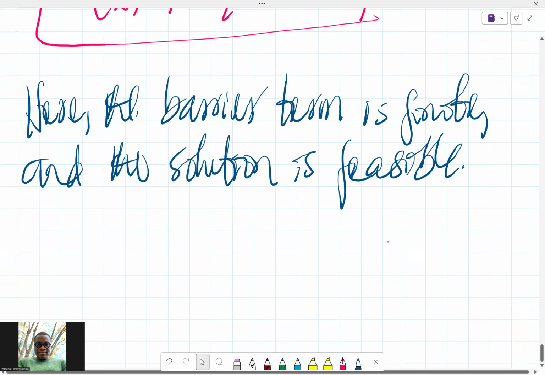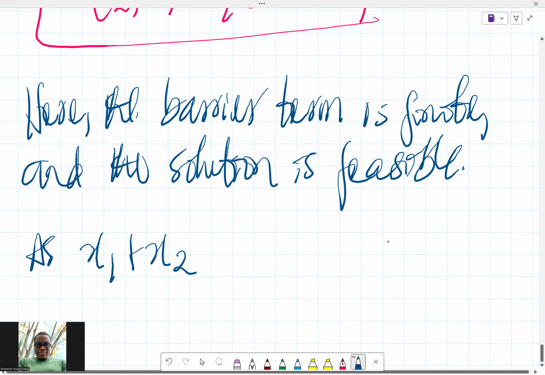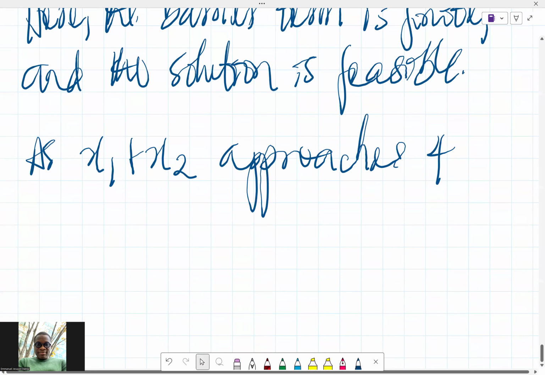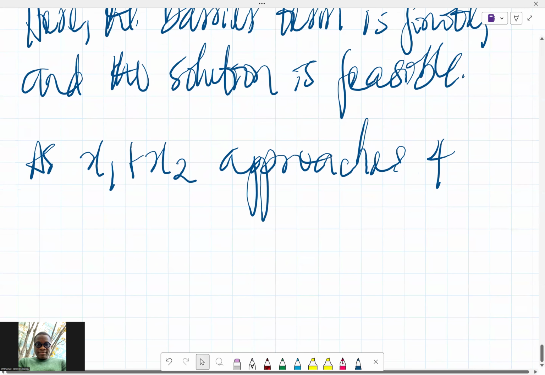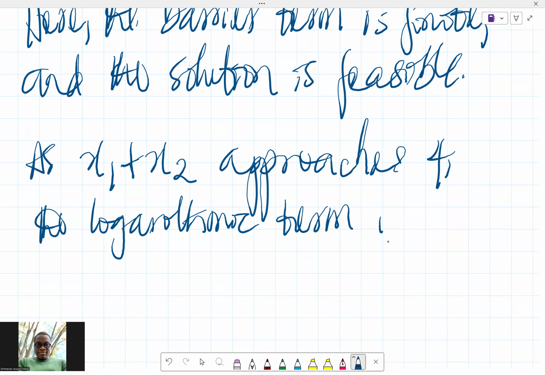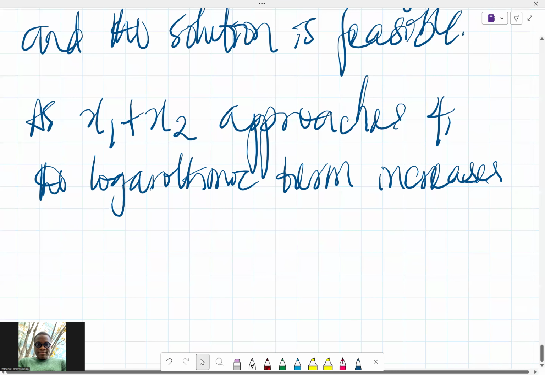So as x1 plus x2 approaches 4, the second constraint is that x1 plus x2 minus 4 is less than or equal to 0. So as this sum of x1 and x2 approaches 4, we say that the logarithmic term increases significantly, because when it's at 4, it becomes 0, and log of 0 is undefined.